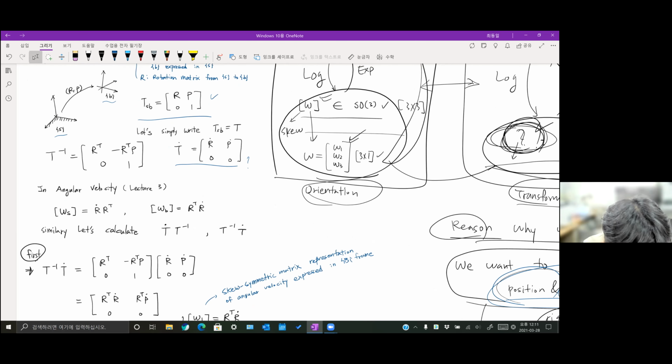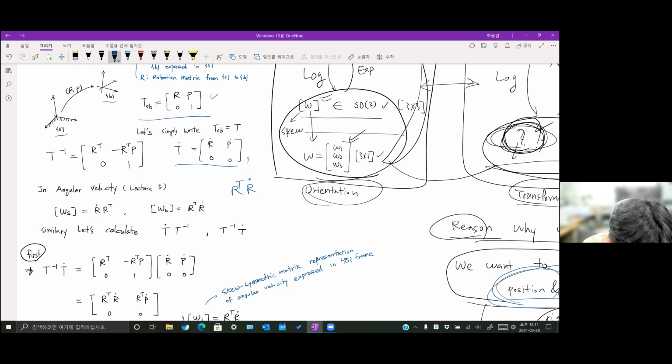In the last class, we learned about the angular velocity, the space angular velocity and body angular velocity. This one can be calculated by the rotation matrix R and R dot. Actually, R transpose and R dot.